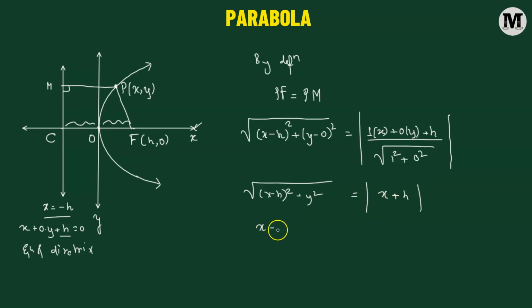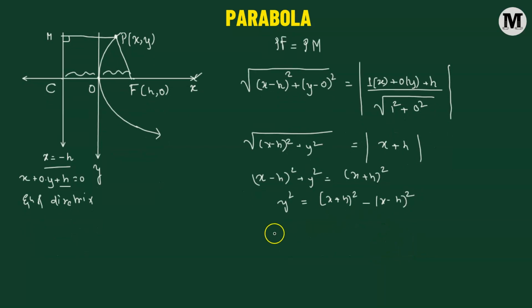So let's square both sides. We get x minus h whole squared plus y squared equals x plus h whole squared. Rewriting this, we get y squared equals x plus h whole squared minus x minus h whole squared. So what we have is the difference of two squares on the right hand side. So that will be simply the product of x plus x minus h and x plus h minus x plus h. So here we have positive h and negative h cancelling out.